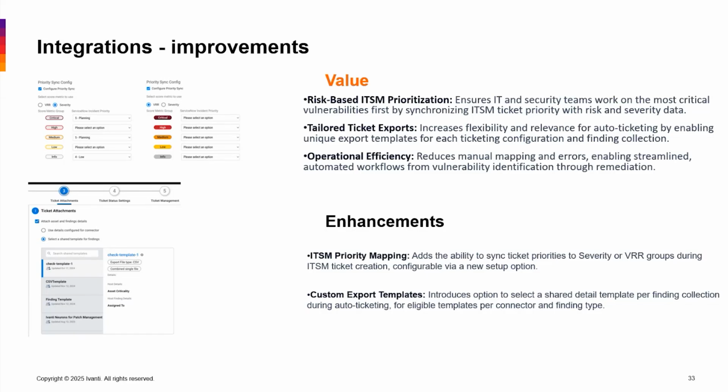But last quarter, the ticketing attachment template was pretty static. Whatever you defined while configuring the connector, that was it. This time, every time you configure a collection for auto ticketing, you can provide a new customized template. We are giving that additional level of flexibility to the users. For every collection, you can have a unique template that goes and sits as an attachment to the ticket.